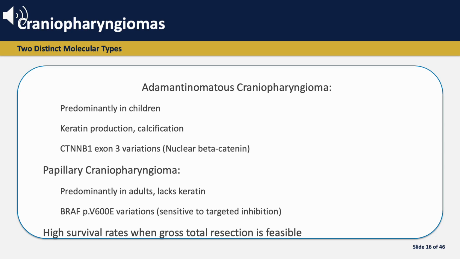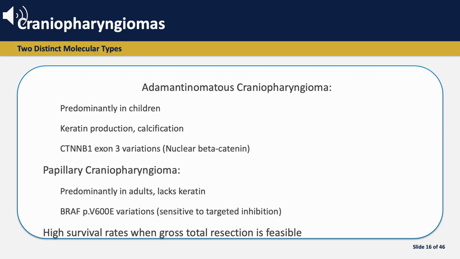Craniopharyngiomas are squamous epithelial tumors that arise within the sellar and infundibulotuberal regions of children and adults. Adamantinomatous craniopharyngiomas are the most common subtype, which are characterized by keratin production, calcification, and recurrent activating variations in exon 3 of CTNNB1.